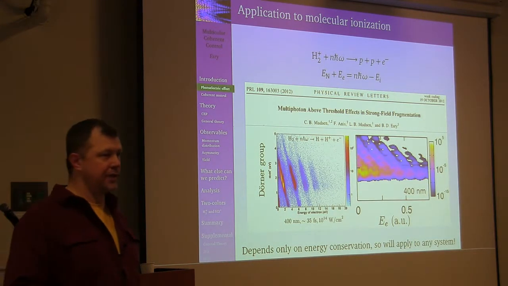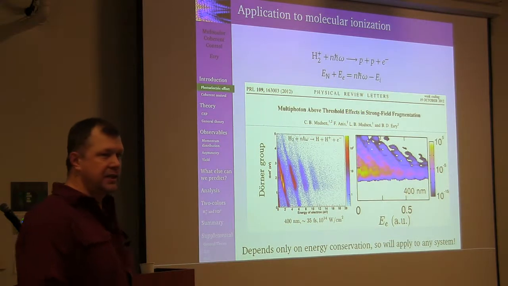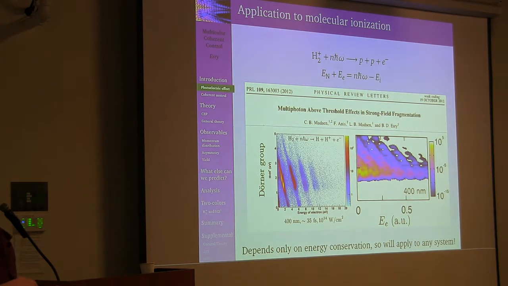Okay? So what I like about these kinds of plots is they give us a natural way to look at more complicated systems, because this line is a line of fixed total energy. So if you look along this line and see where the maximum is, that tells you how the energy was shared between, say, the electrons and the nuclei.